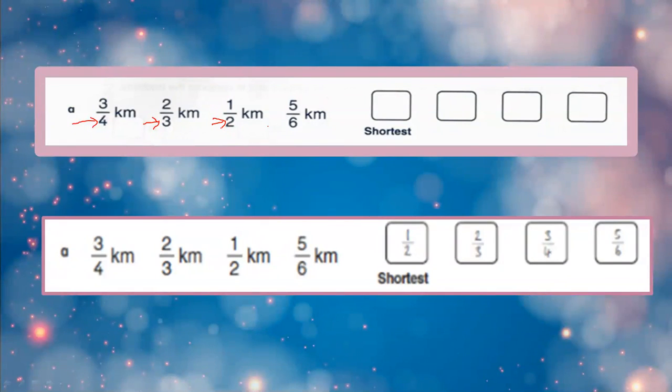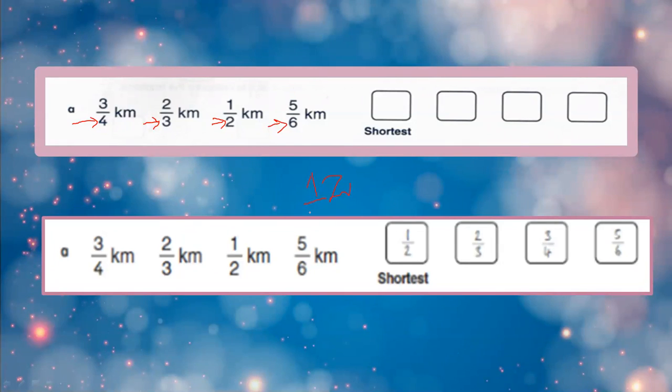Okay, so step number 1. What are the numbers in the denominator? 4, 3, 2, 6. All of them come in that table. Yes, that's great. It's 12. All come in the 12 table. They are all cousins of 12.